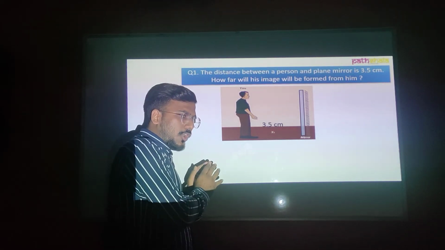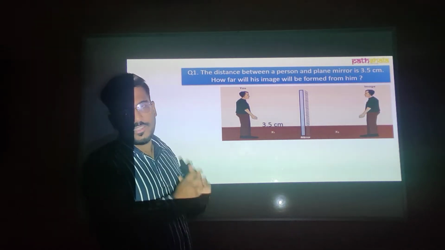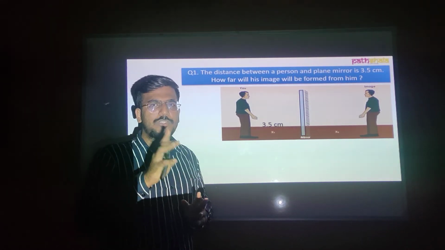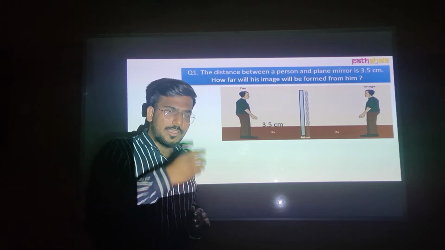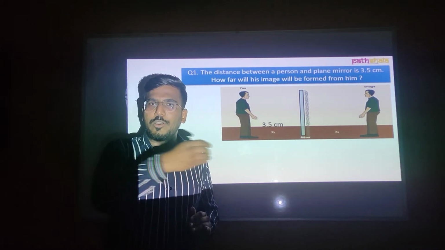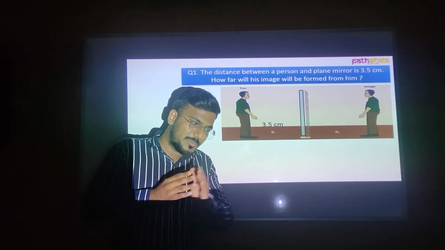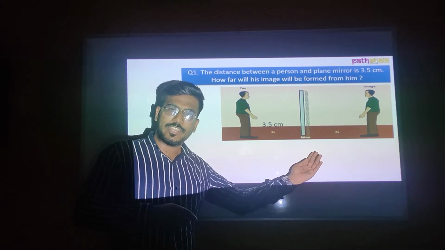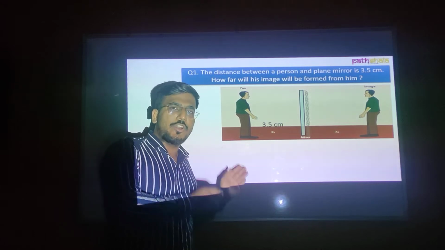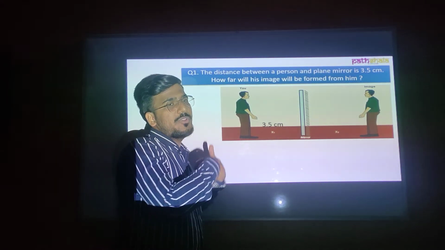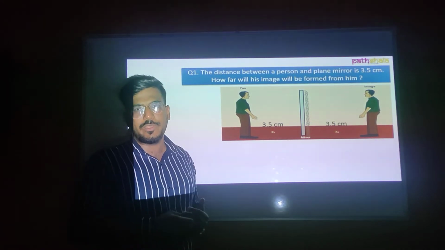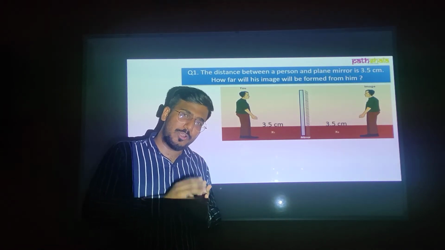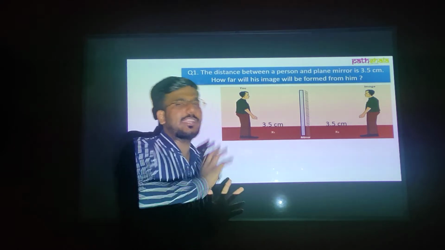Wait, if this is the object, the image will be formed on the other side, behind the mirror. And let's make use of the first rule over here, and that is the distance between mirror and object will be equal to the distance between image and mirror. Means if a person is standing at 3.5 centimeter as an object, his image will also be formed 3.5 centimeter behind the mirror. Okay, so the image is formed 3.5 centimeter behind the mirror.